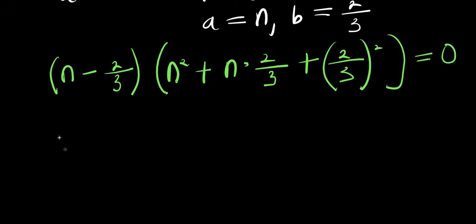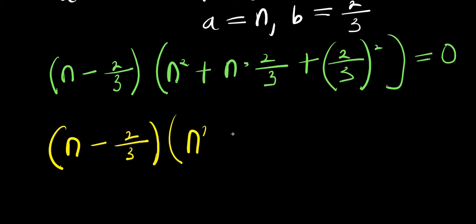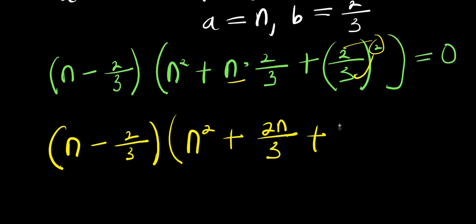So from here, we have n minus 2 divided by 3 times n squared plus n times 2, that is 2n divided by 3, plus this, we are going to distribute this exponent to each of the terms, that is 2 power 2 divided by 3 power 2, and this equals 0.